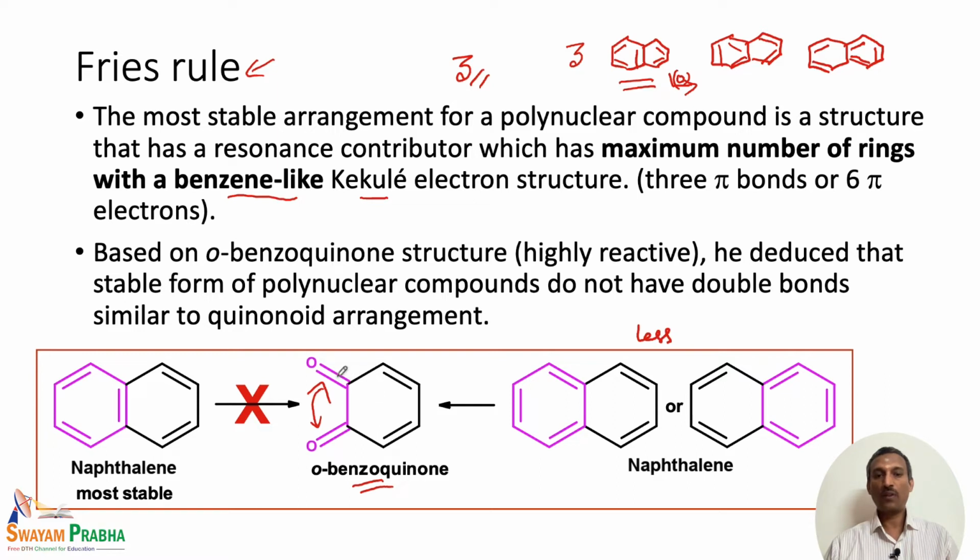In other words, the 2 rings are fused in the ortho orientation. It also tells us that the formation of orthobenzoquinone is possible only through a highly reactive benzene ring. Since he got orthobenzoquinone from naphthalene, he said there are a couple of resonance structures responsible for its formation. In other words, this ring undergoes oxidation to give the orthobenzoquinone.